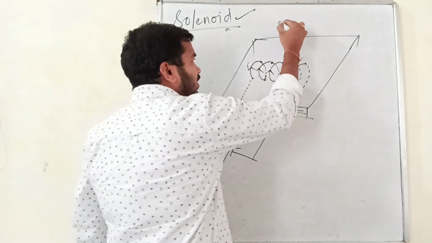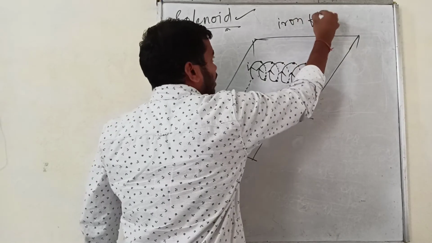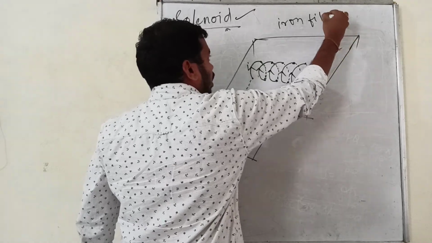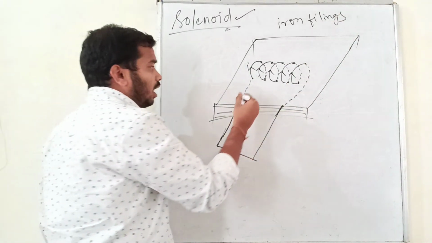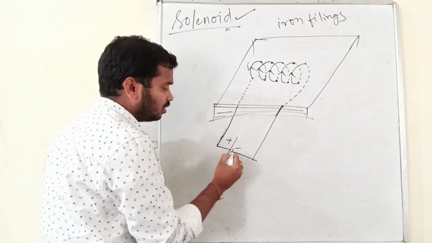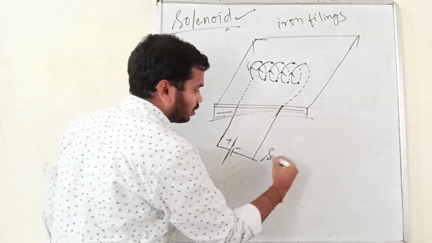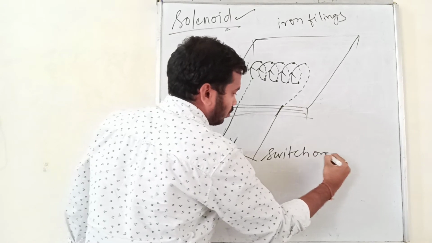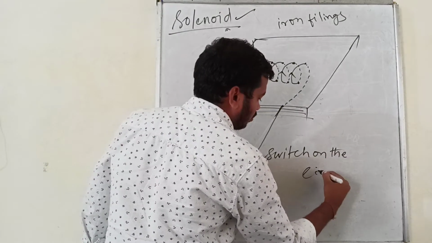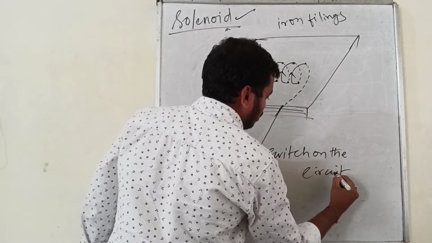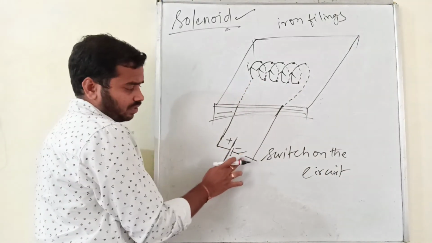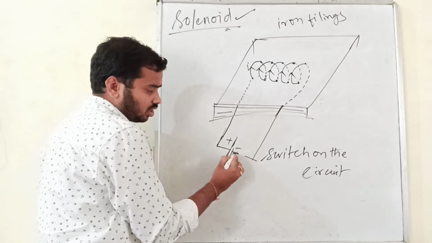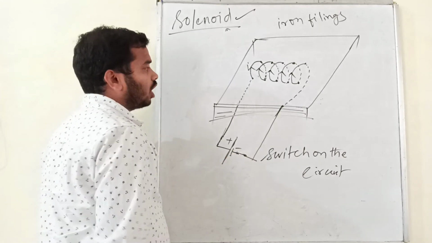You drop iron filings upon the sheet which you have stuck to the plank, and switch on the circuit with the help of a key. If the key is not switched on, just ensure that the switch is on.